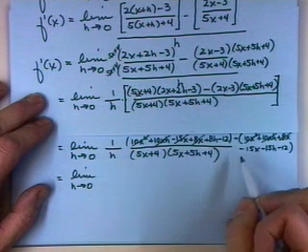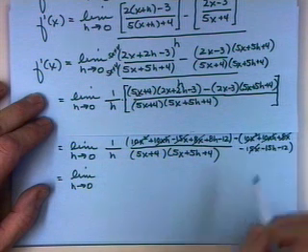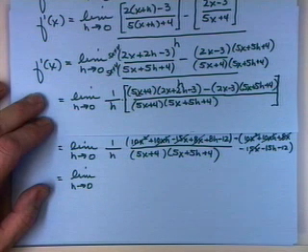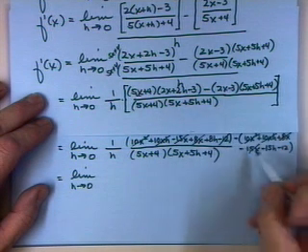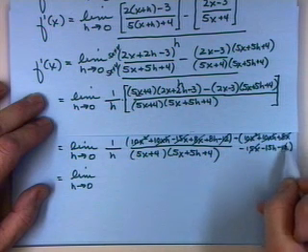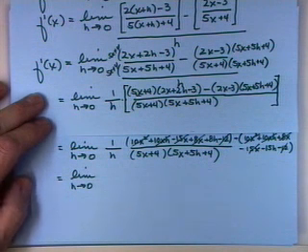Minus 15x plus 15x, right? That's going to be minus a negative, which is plus. 12. Minus 12 minus a negative 12 is plus 12. That helped, right? Kind of helped the cause quite a bit.